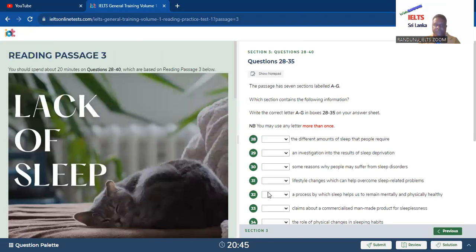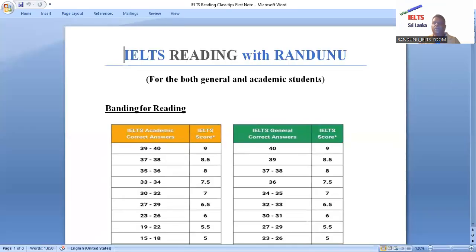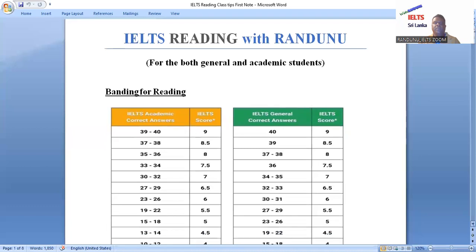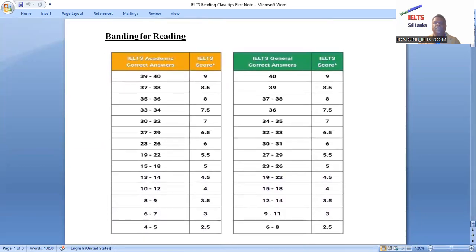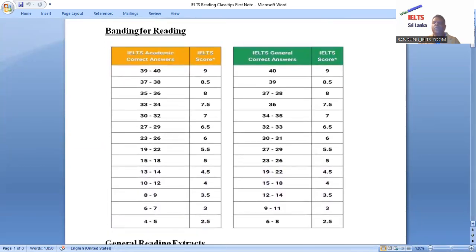Now, I told you how many marks you have to get in each type of exam. If you are doing academic, how they will give you banding.